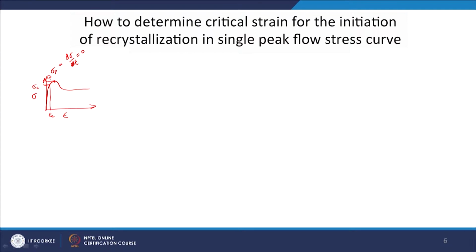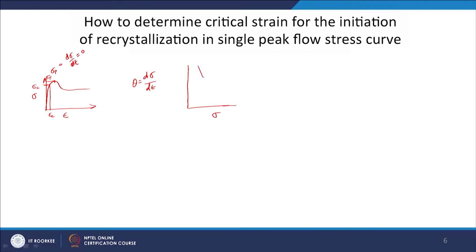and the stress associated with this is sigma c. So, first I will plot the flow curve in another form now. I will take the differentiation d sigma by d epsilon, which is theta. I want to now plot theta versus sigma. I am just giving you a rough estimate of that.